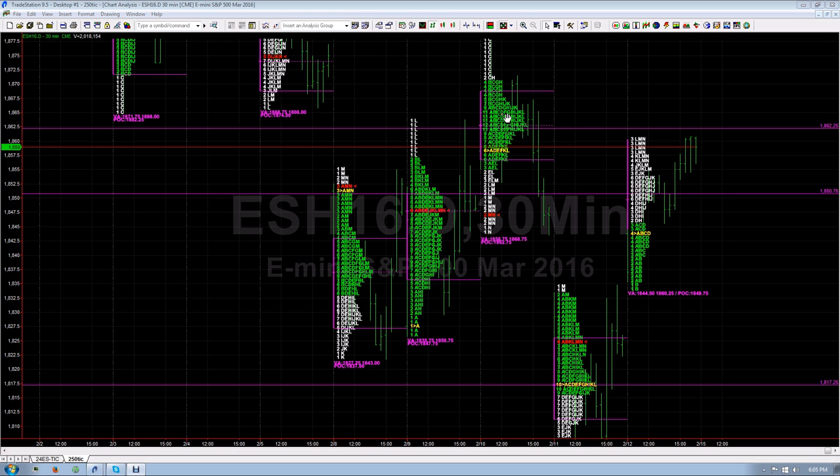And this value area is where 70% of the trades went off that day. So this is a perceived area of value, and it's where the market's comfortable. It's able to facilitate a two-way auction process.